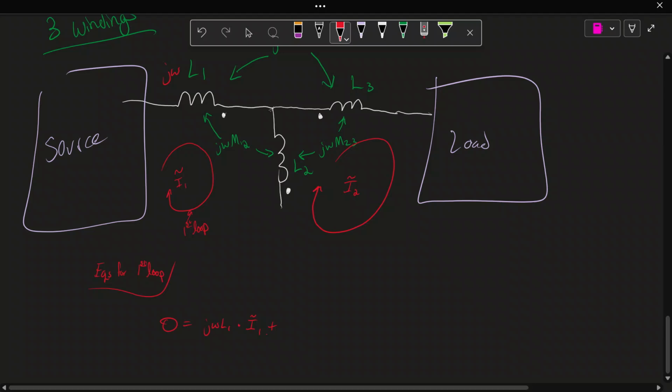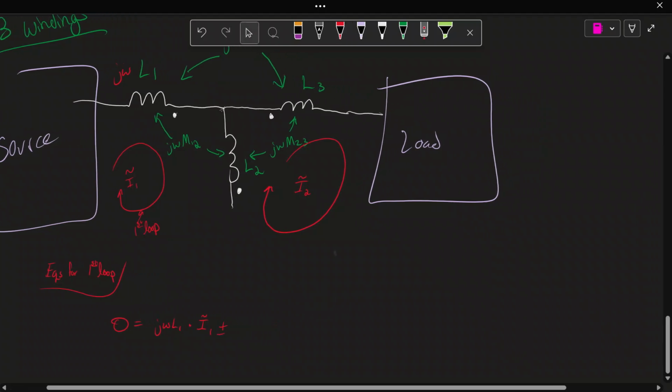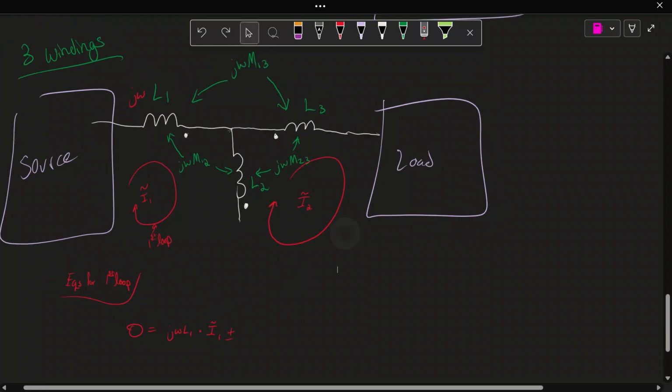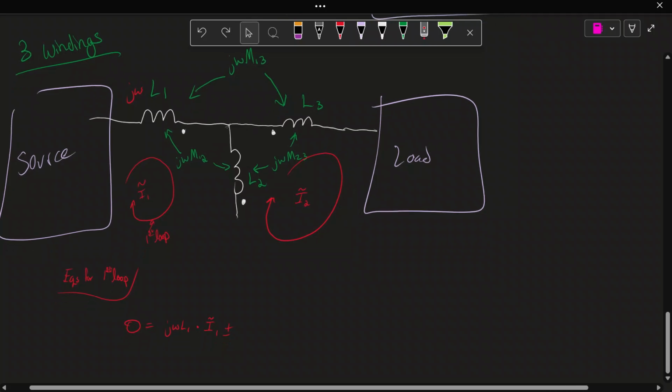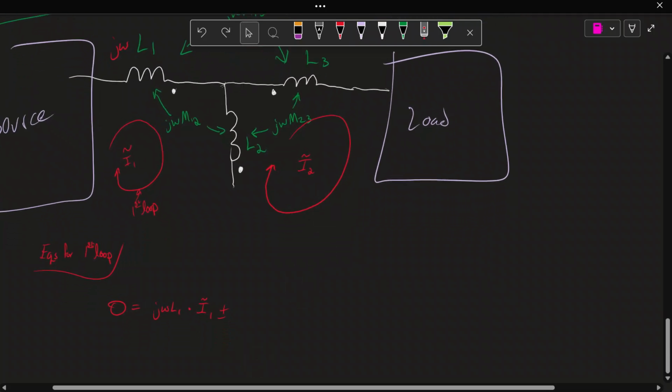Plus, we now have to worry about the mutual inductance that L1 feels from L2 and L3. So we're going to do plus or minus. Let's do M1 on N2. So here, M12, the mutual inductance that 1 feels from 2.